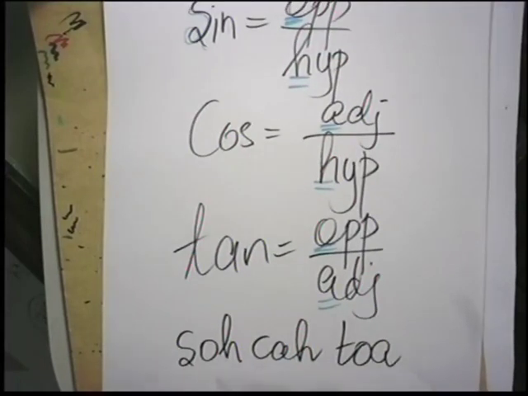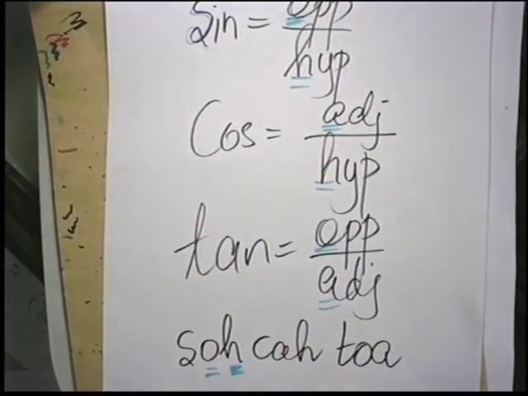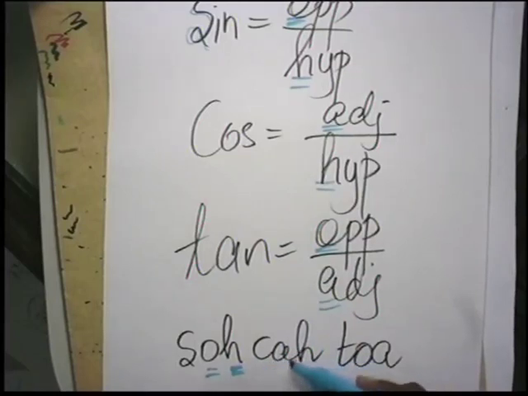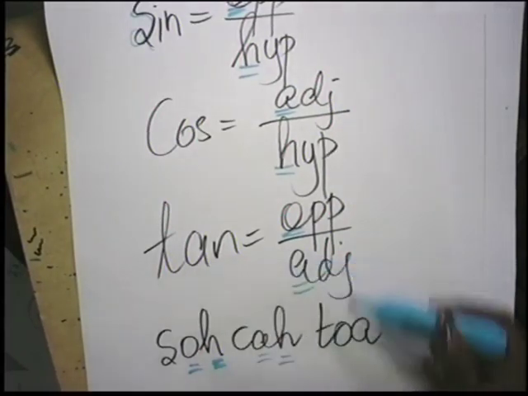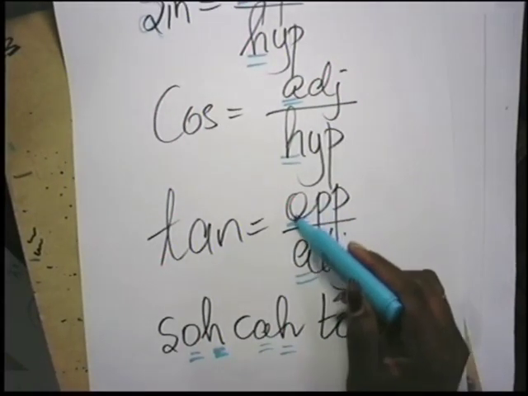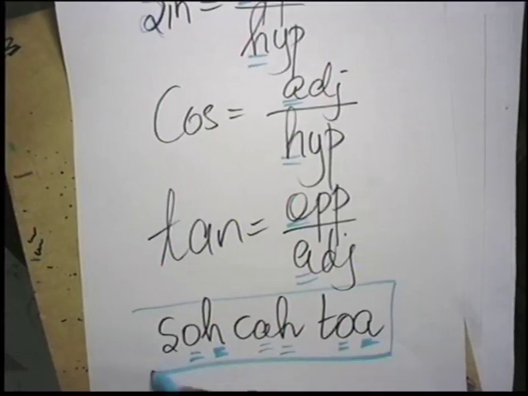S for sin, O over H: sin is opposite over hypotenuse. For cos, adjacent over hypotenuse. T for tan, and then it's opposite over adjacent. SOH CAH TOA. It's all you need to know in order to remember. Again, SOH CAH TOA. You should just know it the same as you know your friend's name.